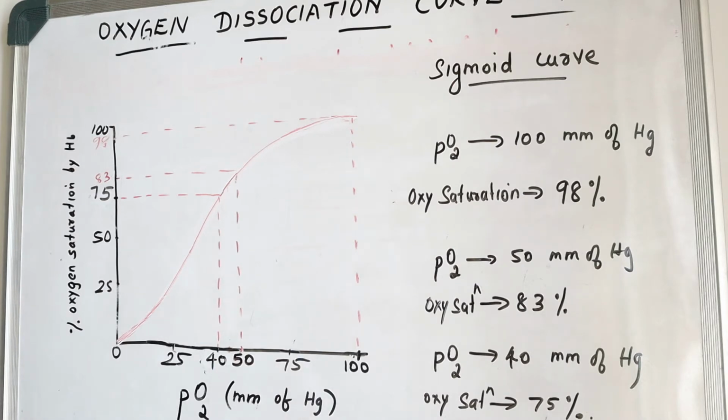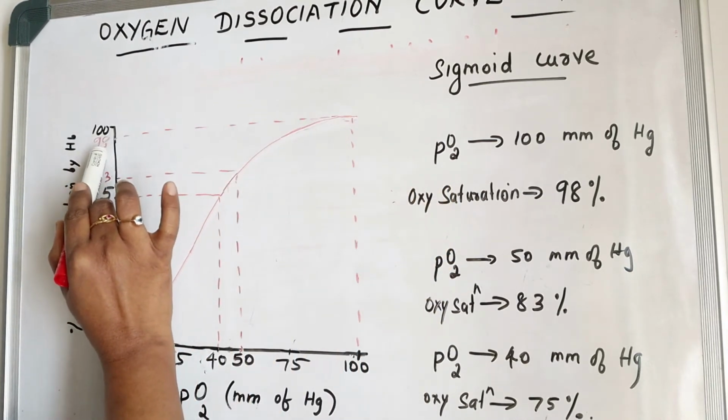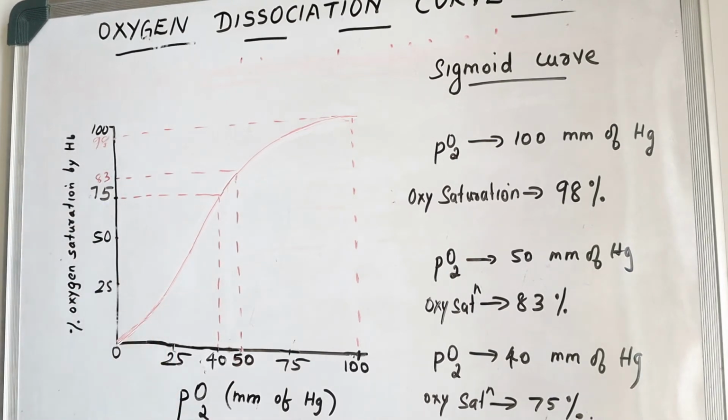And coming to this oxygen saturation curve, we have seen that if the partial pressure of oxygen is 100 millimeters of mercury, then we can see 98 or 97% oxygen saturation of hemoglobin. That occurs in pulmonary alveoli.